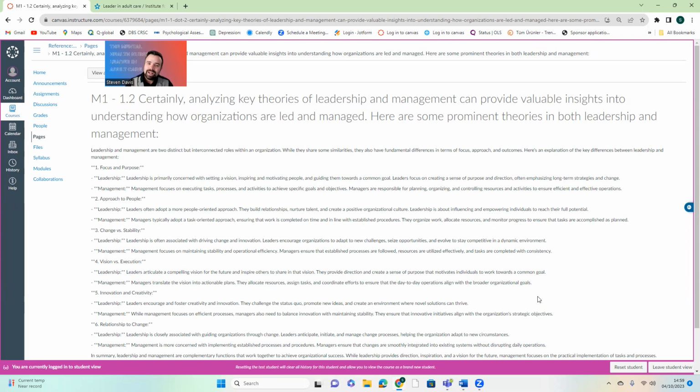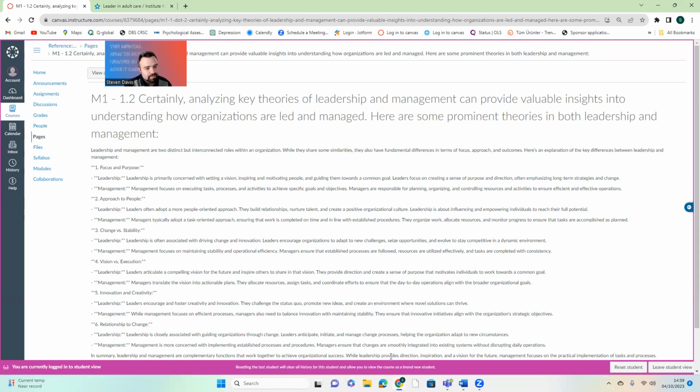Because when we look at CQC, it is about leading safe, effective and well-led care, not managing safe, effective and well-led care. So just be mindful that these theories hold a value within health and social care, and it's definitely worthwhile thinking about that moving forward.